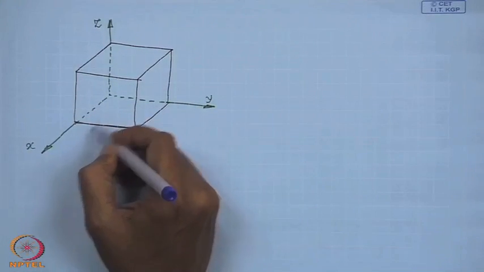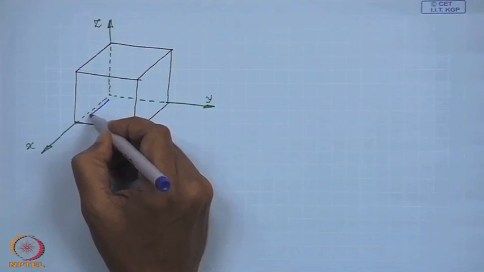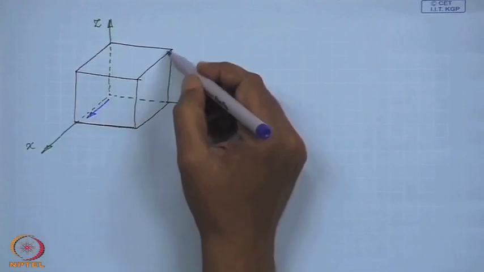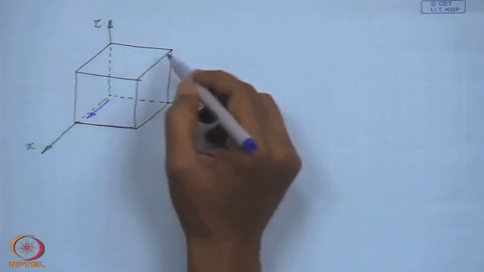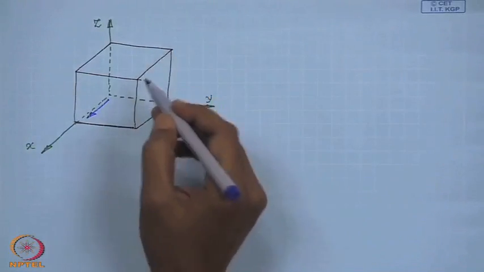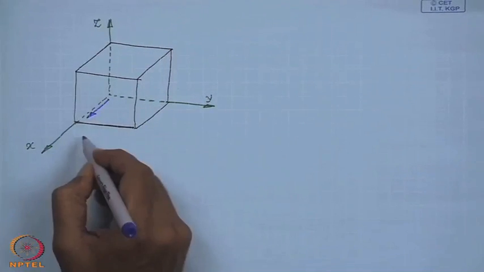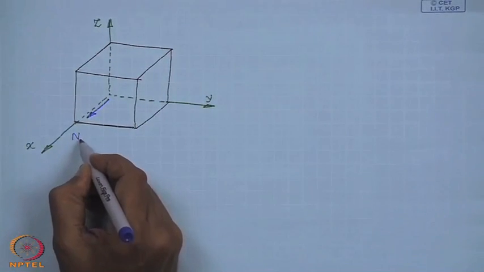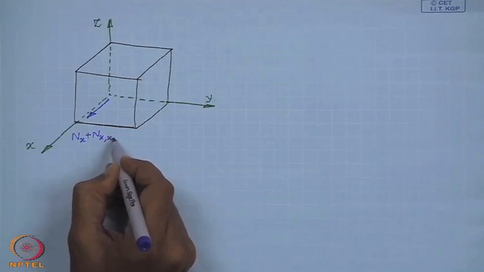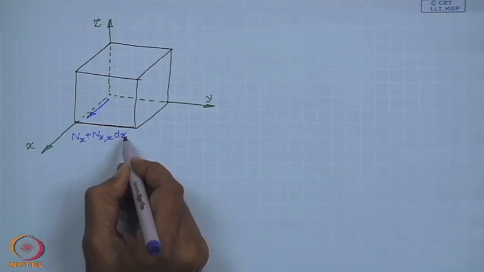On this face at x equal to 0, you have n x along the negative x direction, and on this face you have n x plus the derivative of n x with respect to x times dx.